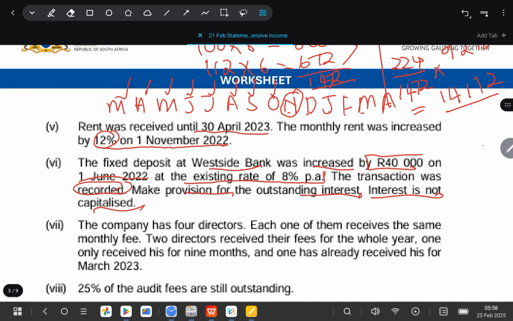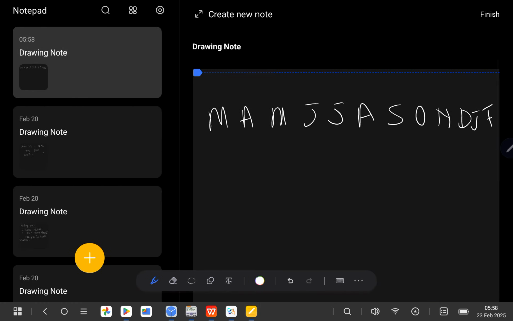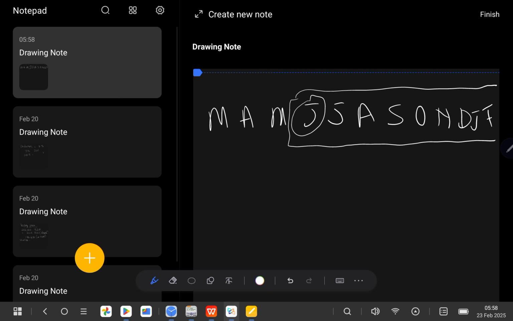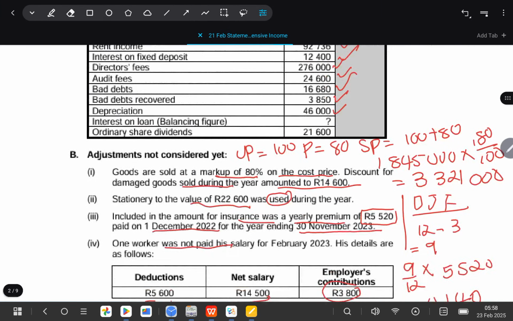They said that our fixed deposit increased by 40,000 on the 1st of June. So let's check where the 40,000 is on the 1st of June. So this is where we are. So now here what's happening is that all these months were affected by the increase. Okay. So here luckily we are given the trial balance from last year.